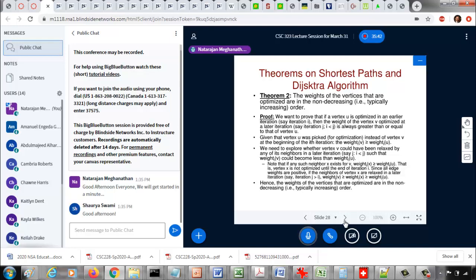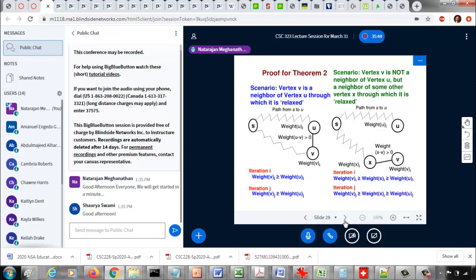We are going to look at two scenarios. This v that was optimized in a later iteration could be a neighbor of the vertex u that was optimized earlier, or v need not be a neighbor of u; it could be a neighbor of some other vertex x. So we have to deal with these two scenarios.